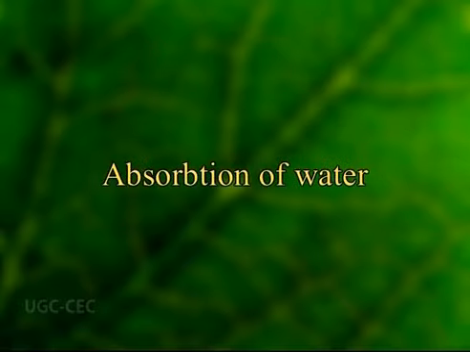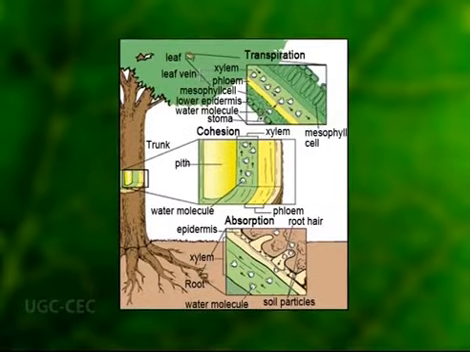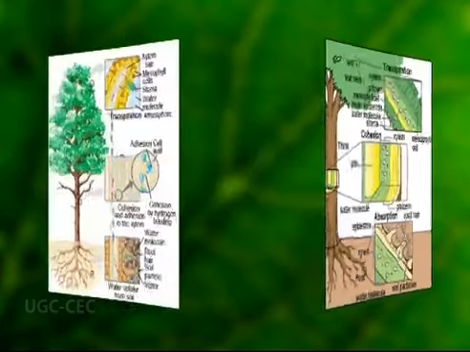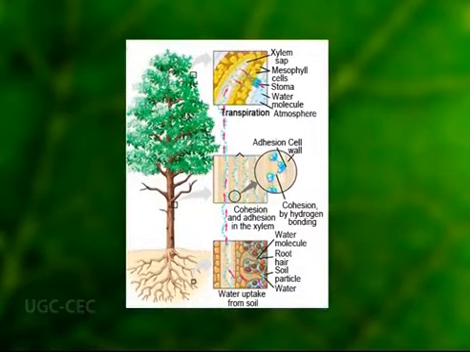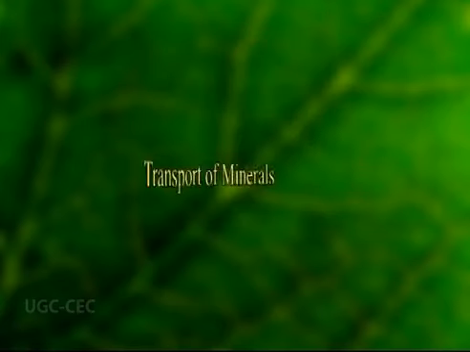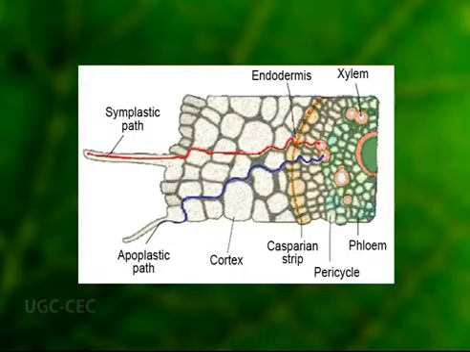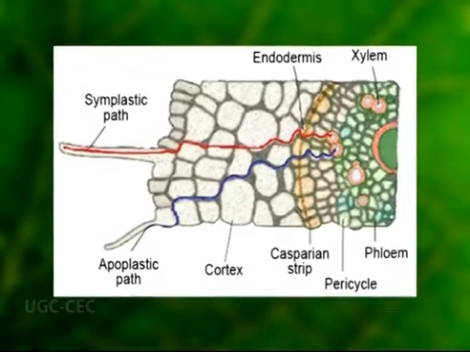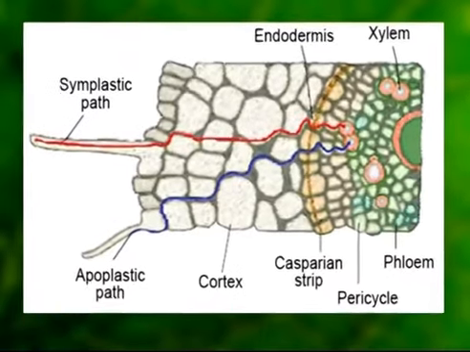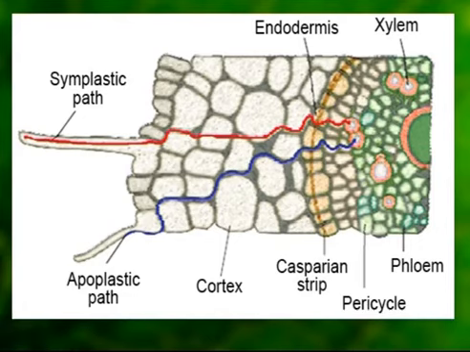Absorption of water: the transpiration process facilitates passive absorption of water from soil through roots. Transport of minerals: the transpiration process assists translocation of dissolved mineral salts through xylem.